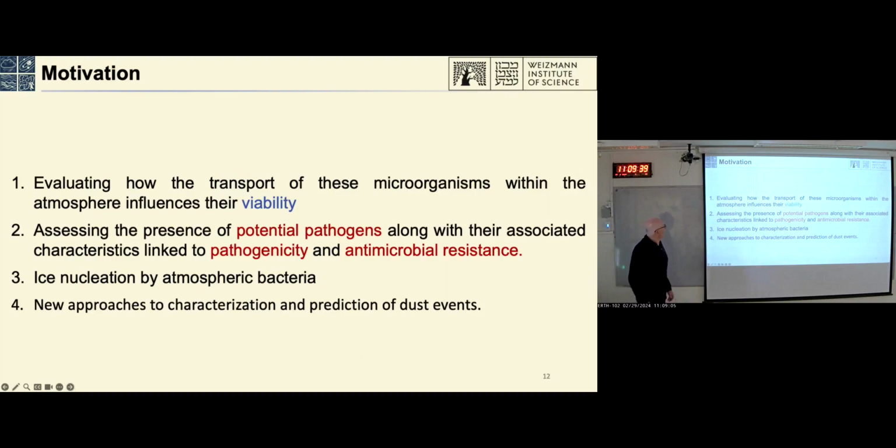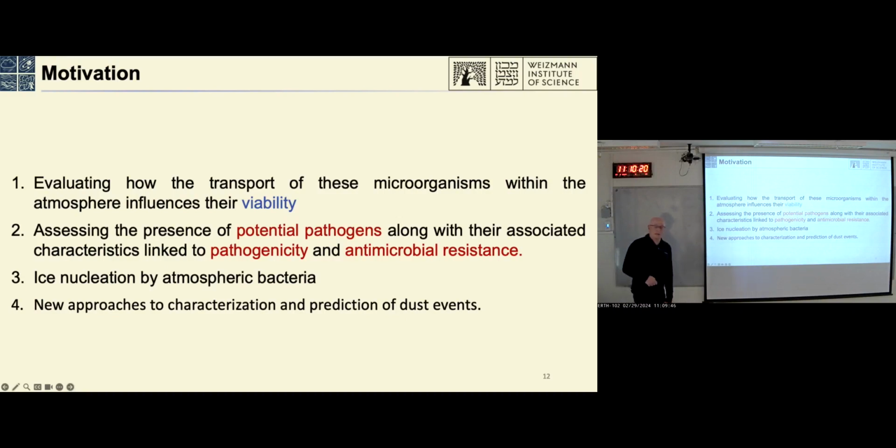So the motivation of this talk is to evaluate how the transport of microorganisms within the atmosphere influences their composition and viability. We want to assess the presence of potential pathogens for people or for ecosystems, and how they are related to pathogenicity, so the function of disease transfer, and also to antimicrobial resistance, which is a very important problem in public health, both for people but also for agriculture, etc. One of the things is ice nucleation by atmospheric bacteria.